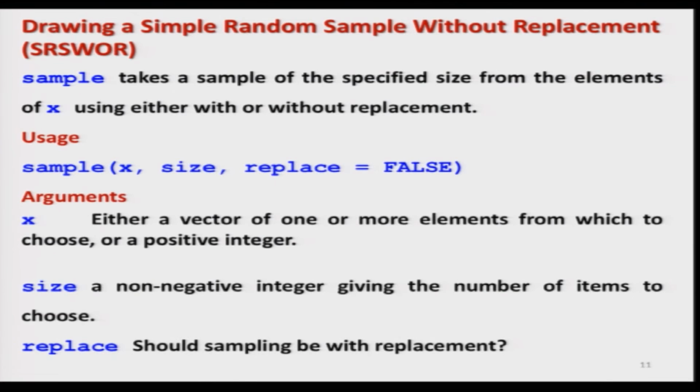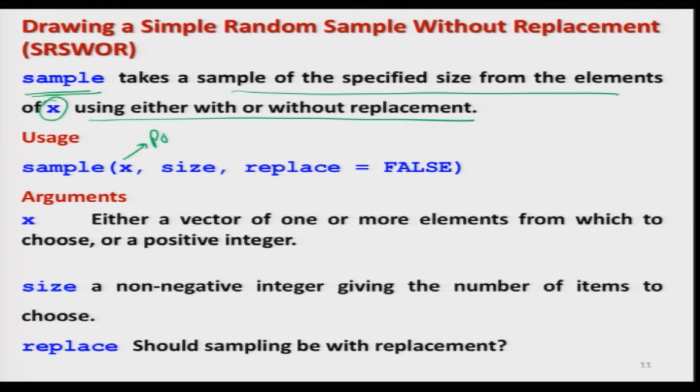So, now my objective here is that once we are given a population, how to draw such a sample using the R software. Here we have a command, sample. This sample takes a sample of the specified size from a population, which is indicated by small x, with or without replacement. So, how is it given? Suppose we have a population which is indicated by x. We use the command sample, and inside the parenthesis we write the population from where we want to draw the sample, and then we write down the size.